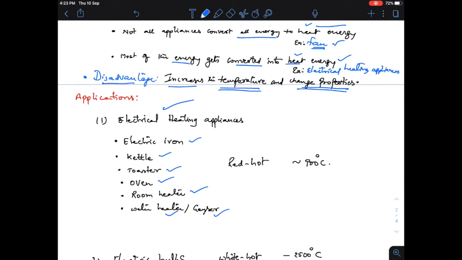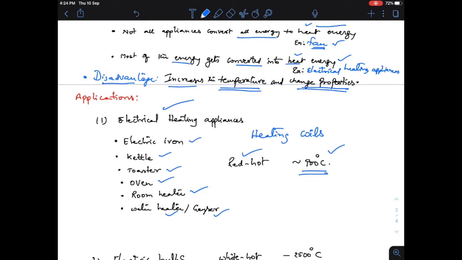Now, what will happen? Large amount of heat is produced in these appliances because they will have heating coils, which become red hot and which produce temperatures up to 900 degrees centigrade.